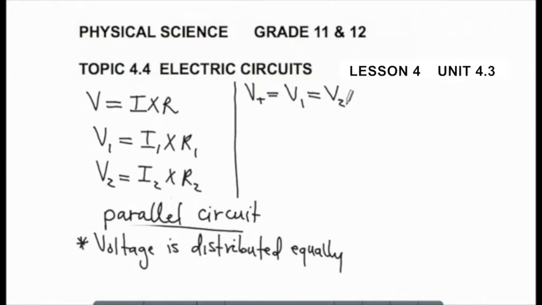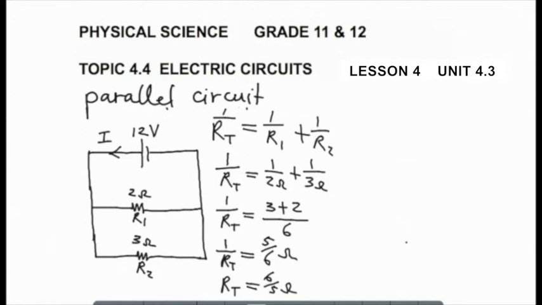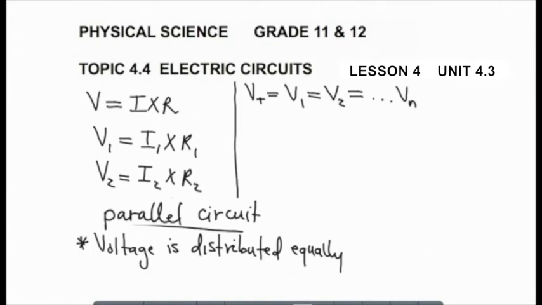And if we had more than two resistors, it will give us more than that. So the Vn represents the unknown. In this specific exercise, we have two resistors. So therefore, our analysis is based on V1 and V2.